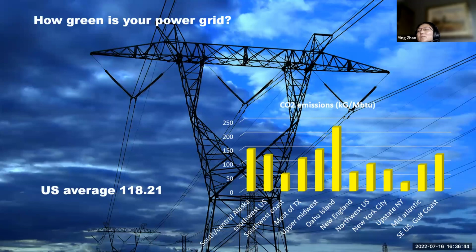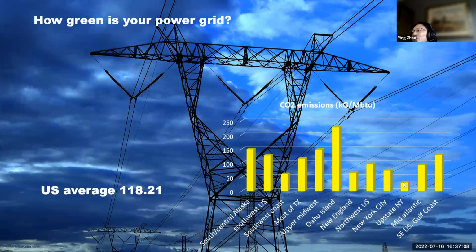There is a lot of movement toward a greener power grid. For example, the U.S. power grid has different regions, and you can see a lot of difference in how green their power is, measured based on CO2 emissions.